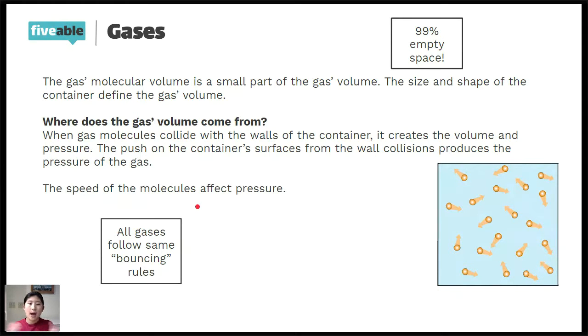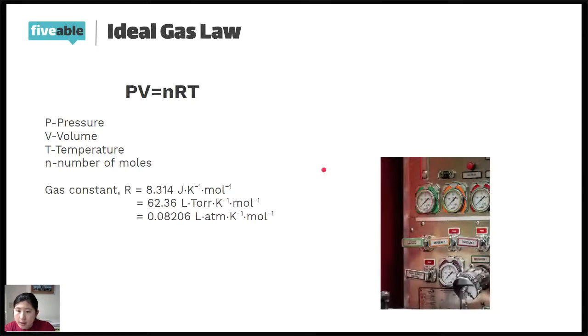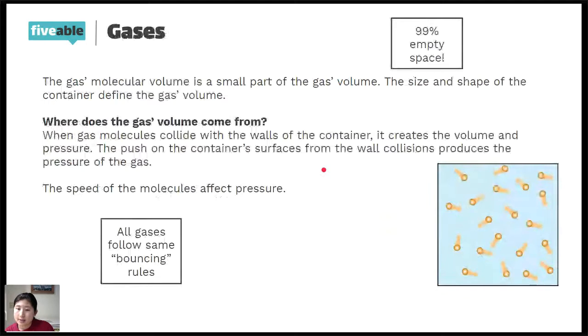So how fast the molecules bounce basically defines the pressure of the gas. In all gases, they follow the same bouncing rules. It doesn't matter if it's helium gas or oxygen gas, they all follow the same gas rules.